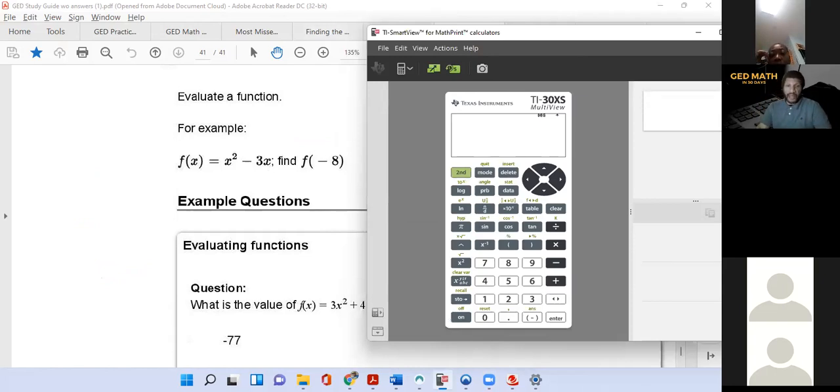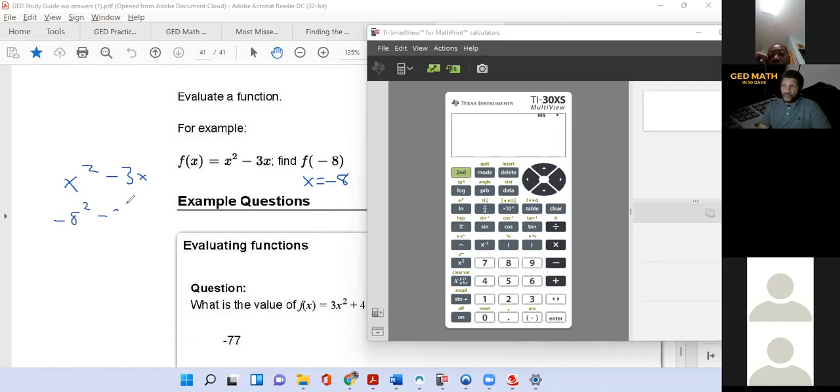Now, if we're doing this by hand, what this is saying is x is equal to minus 8. So I have x squared minus 3x. Everywhere I see an x, I'm going to put a minus 8.